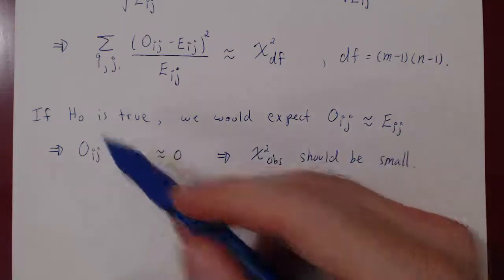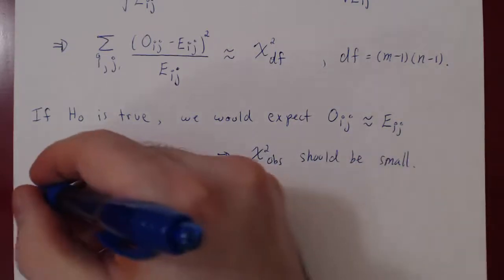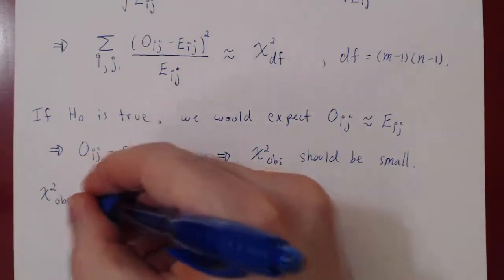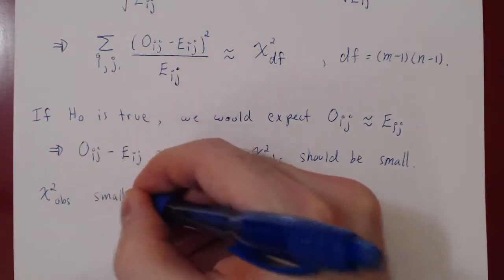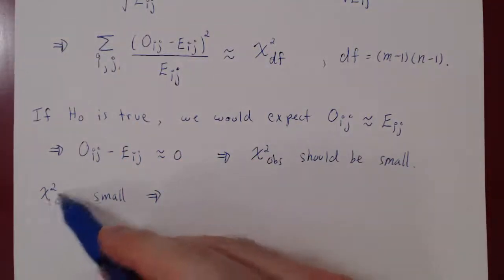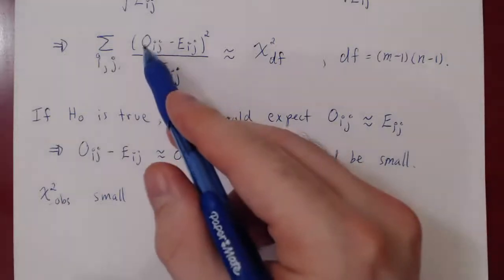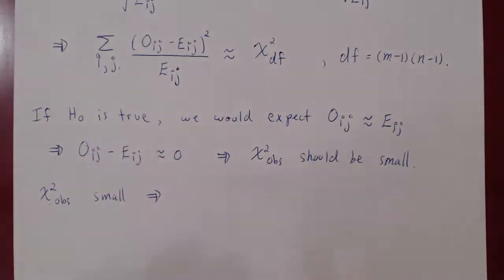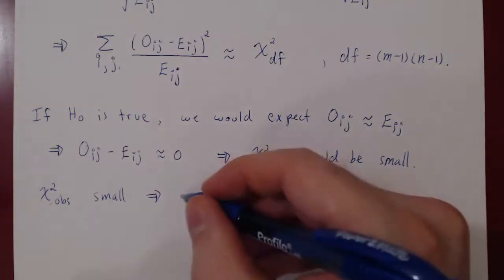This supports H0. And this is our conclusion. So if chi-squared, our observed value, is small, then our conclusion is to accept H0. Because the only way for this to be small is if O is very close to E on average, which does support H0, the assumption of independence.